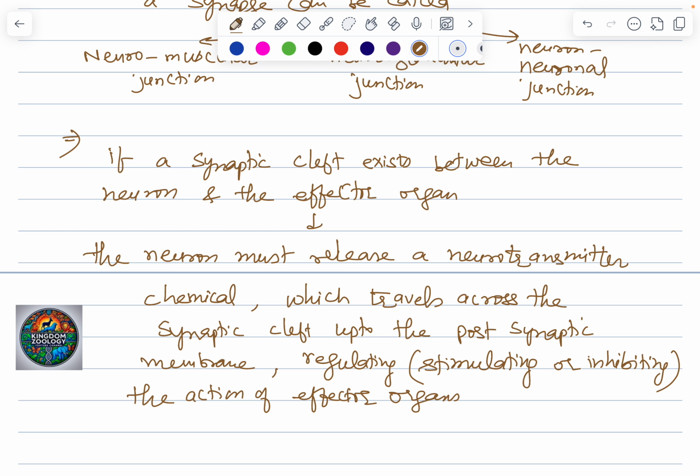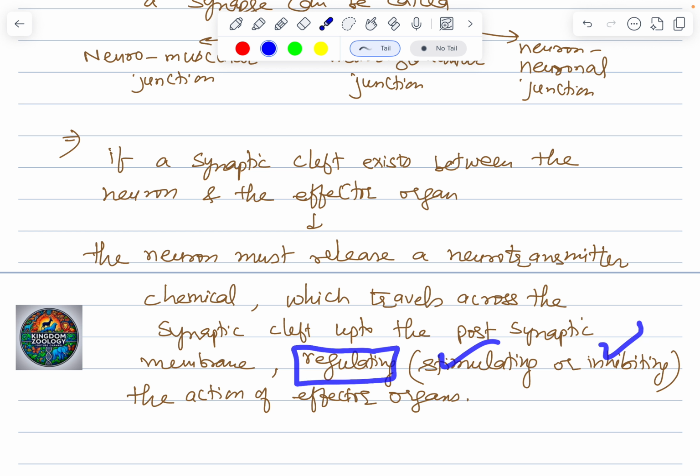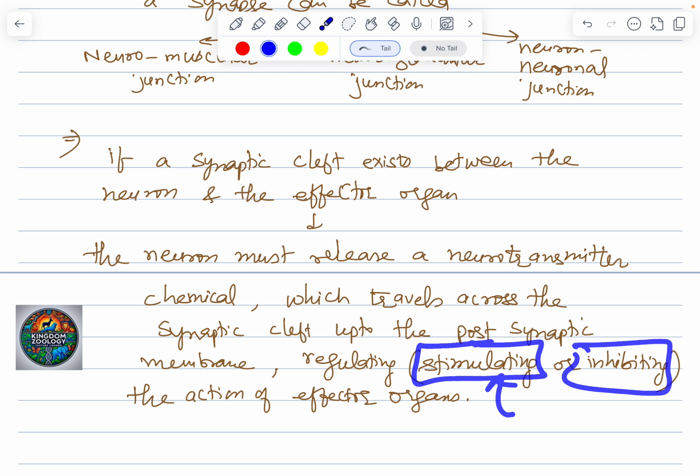So we can notice that neurotransmitters are not only always stimulating or not only always inhibiting. They can do both things. That is why a better or a safer word is regulation. Neurons regulate. They can stimulate the effector organ, they can inhibit the effector organ. In fact, on that basis, they are called excitatory neurotransmitters and inhibitory neurotransmitters. Both of them will be either exciting or inhibiting the target organ, hence they are called regulating chemicals.